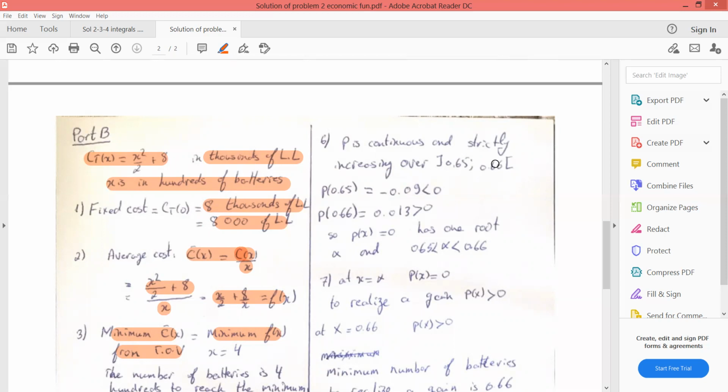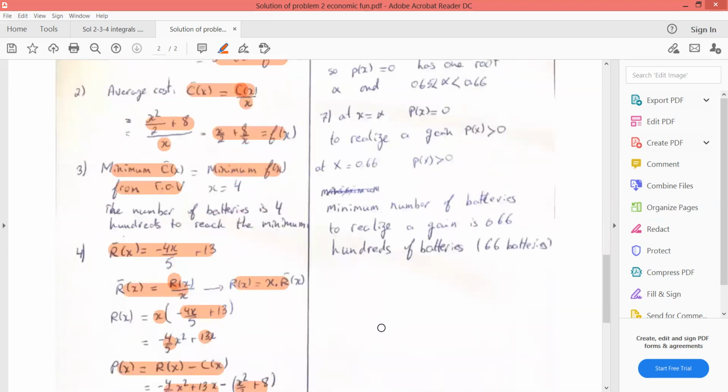To prove that an equation has a root alpha between 0.65 and 0.66, first we have to prove that f is continuous and monotone on the interval, and we find p of 0.65 and p of 0.66: one is negative and one is positive.